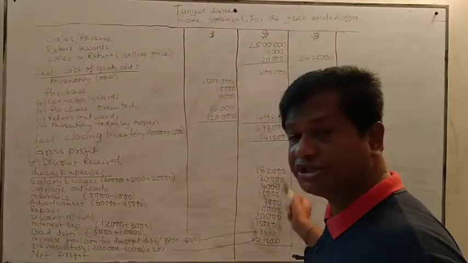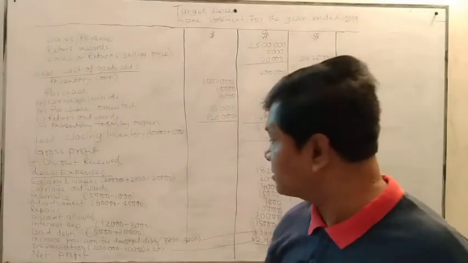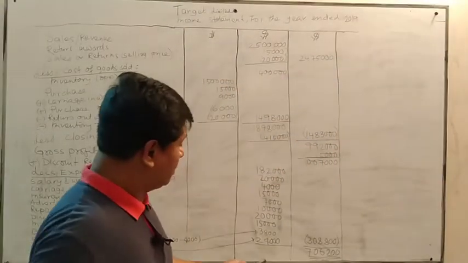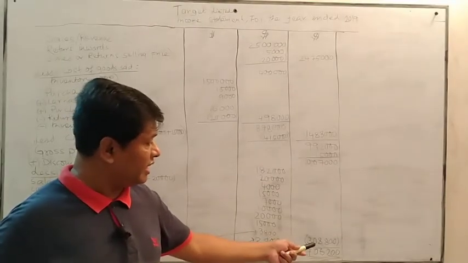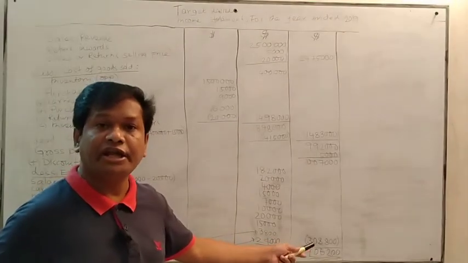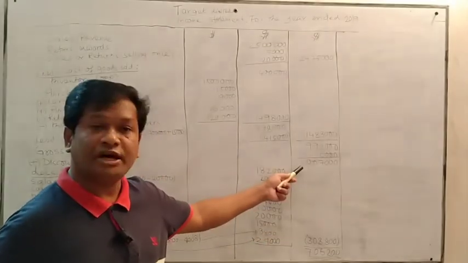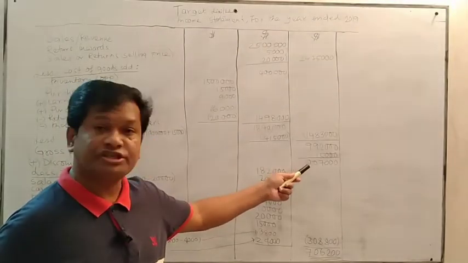So all expenses are written. Now you sum up the expenses. It is already done, that's why I can say it. The total expense is 3 lakhs 8,800. So this expense is to be subtracted from the above, that is the total gross profit, the 10 lakhs 7,000.